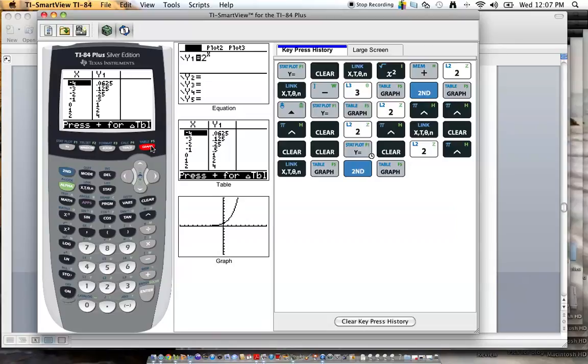And there's my table. Now I wanted the piece that goes from negative 2 to 3, which means I would be looking at this section of the graph down in here. Now, if I want to just see that section, all I need to do is this. I hit the button too many times.